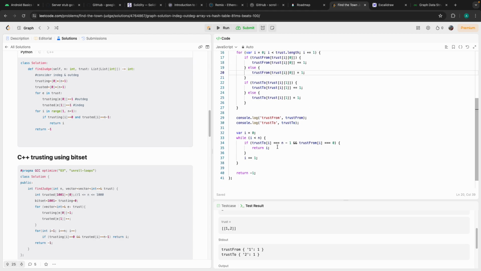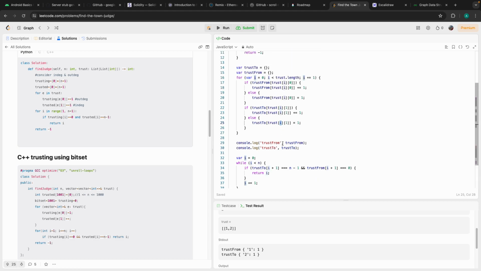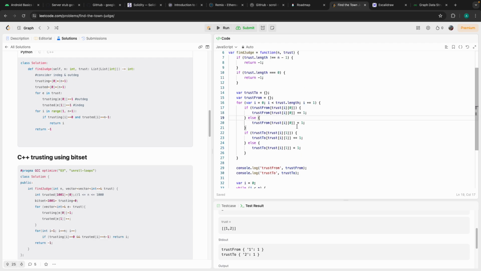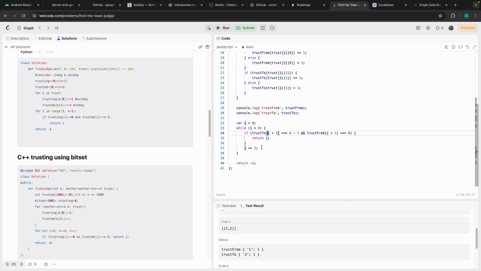Aha, I see. I need to increase it by 1. Yes. Because of the i, values started from 1. Probably it's... no, that's it, and we increase it.